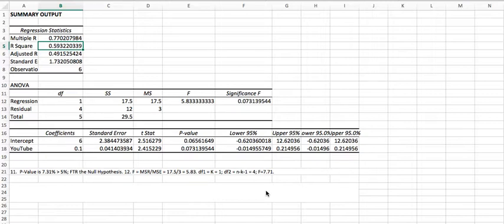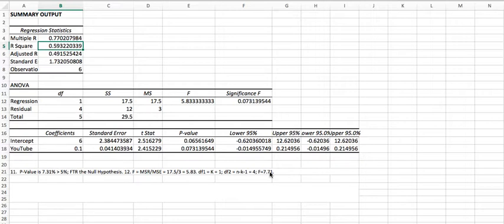When we're utilizing the F distribution, it's reject the null hypothesis if the calculated F is greater than the critical value from the table. We can see that our calculated F of 5.83 is not greater than 7.71, so we would fail to reject.